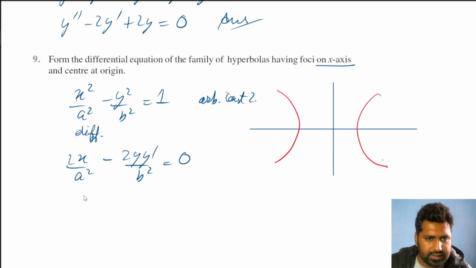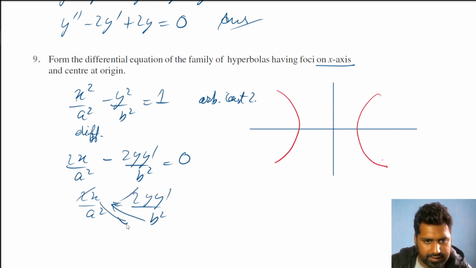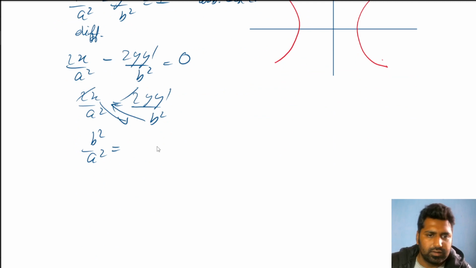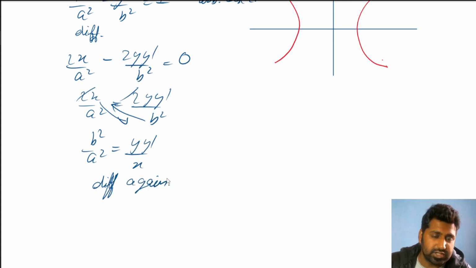Take this on the other side. 2x by a square is equal to 2y y dash by b square. 2 cancels. Take this b here, x here. So b square by a square is equal to y y dash by x. And now differentiate again, and we have seen this differentiation one time.